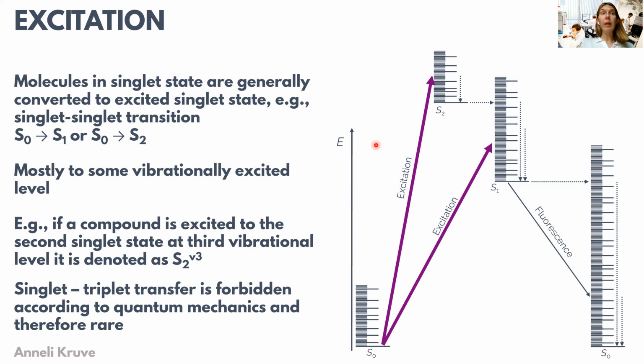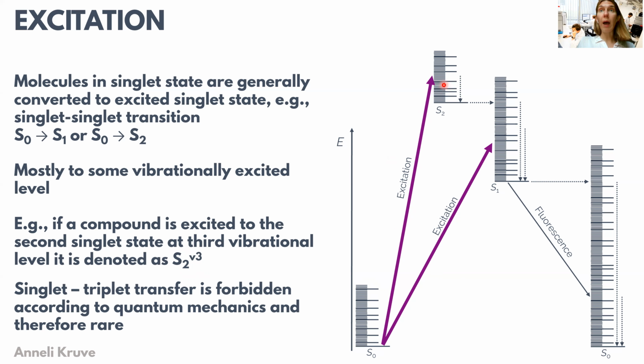For example, if a quantum has been absorbed by the molecule with an energy equal to the transition denoted here on the scheme, then the obtained energy level of this molecule after absorbing light is S2, the second electronically excited level, and also V3, meaning vibrationally the third level.